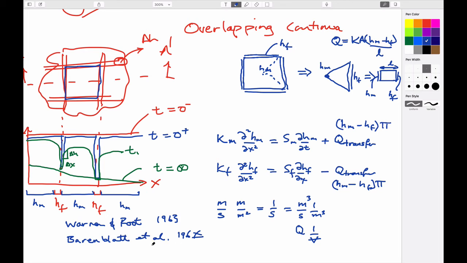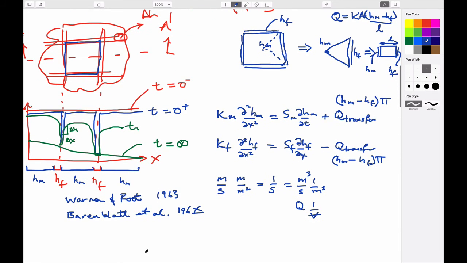Or might have been 1950s, but certainly the West and the East weren't talking very much in those days. I guess we've kind of reverted a little bit back to that, but anyway. So that's the genesis of dual porosity models. So these are dual porosity models.